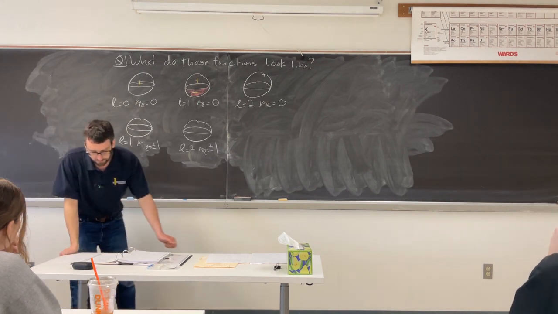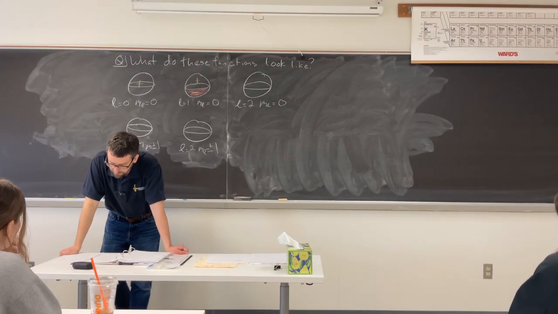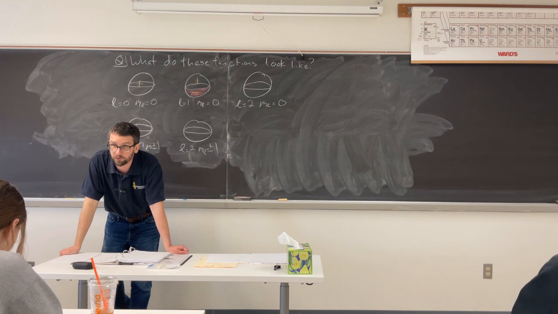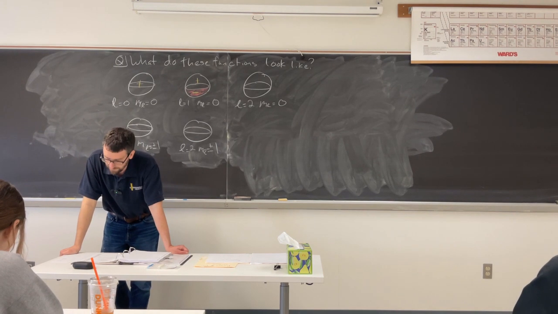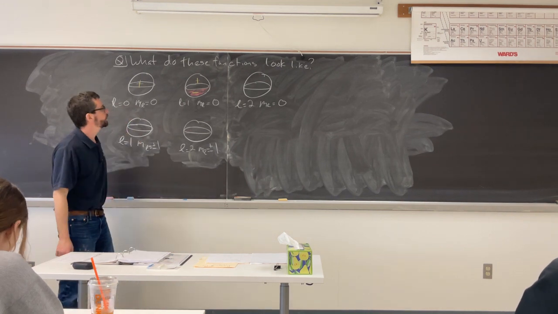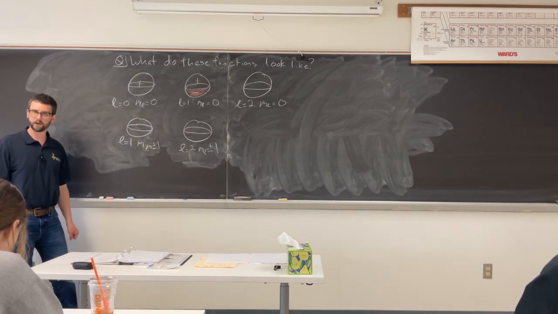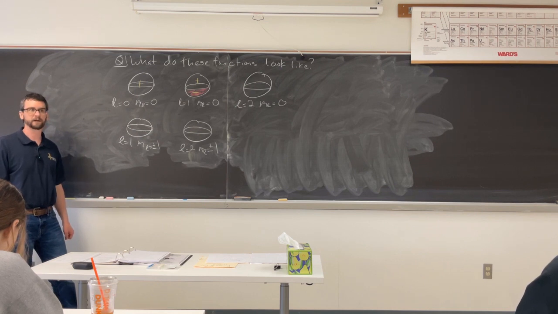Let's look at L is equal to 2, ML is equal to 0. Again, what is the only dependent variable we have? Just theta again. So what does that mean? Where's the sign change going to occur again?